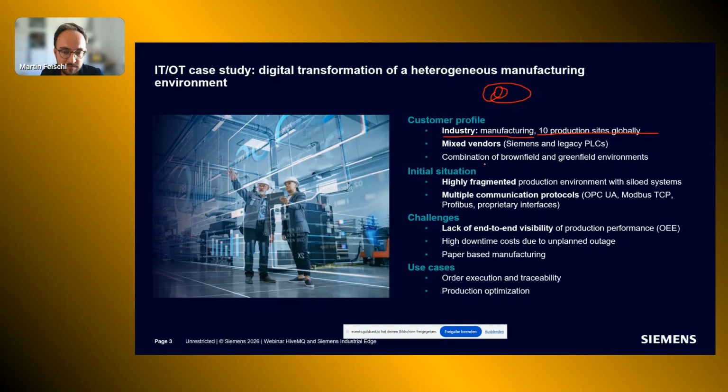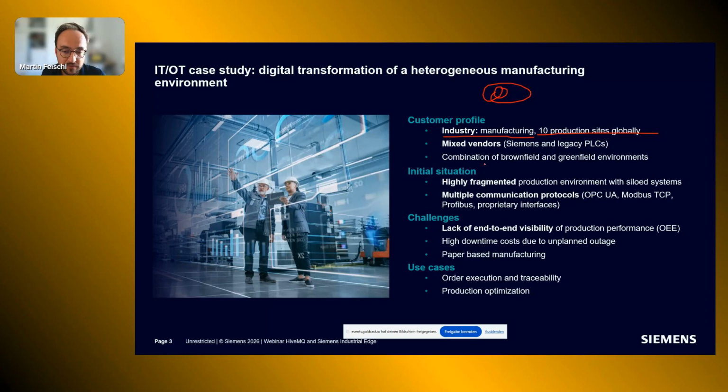And from the machine's perspective, we have multiple communication protocols, beginning with OPC-UA, Modbus TCP, Profibus, Profinet, any kind of proprietary interfaces. And the challenge we have with this kind of siloed brownfield and greenfield systems is that we do not have any kind of end-to-end visibility of our production performance, from the OEE.